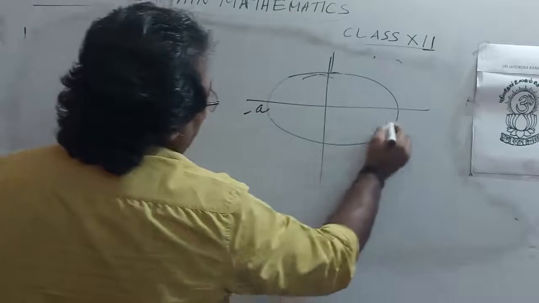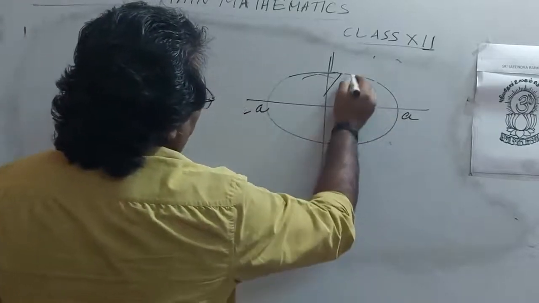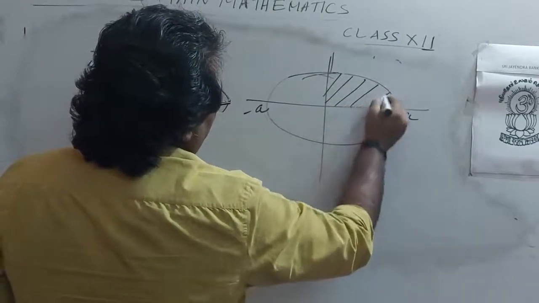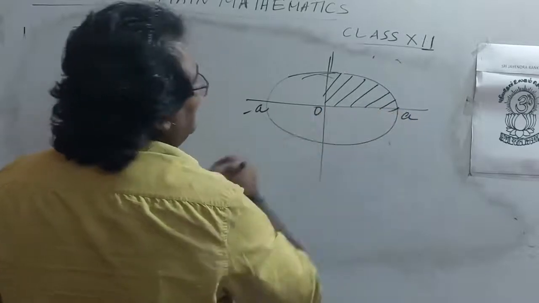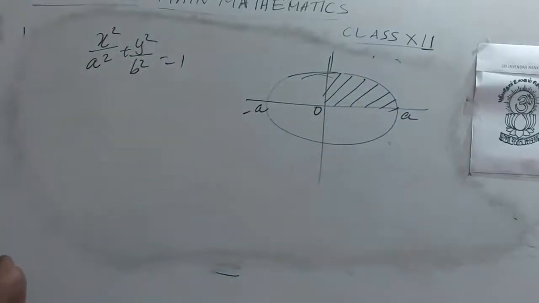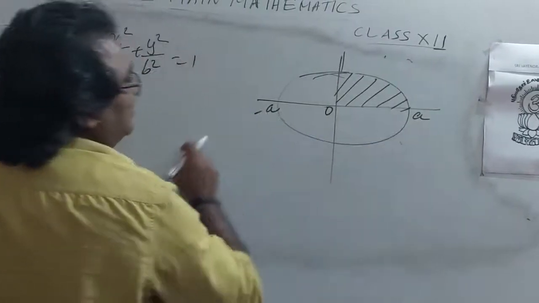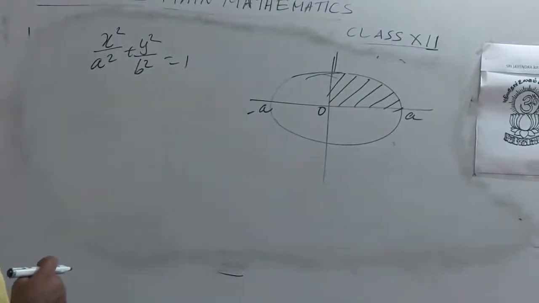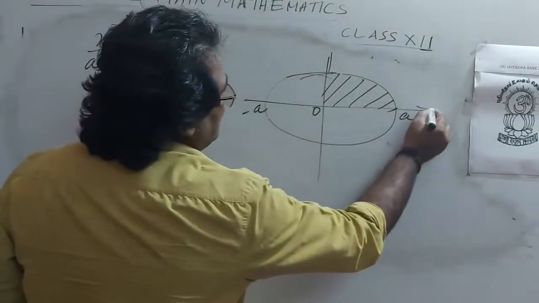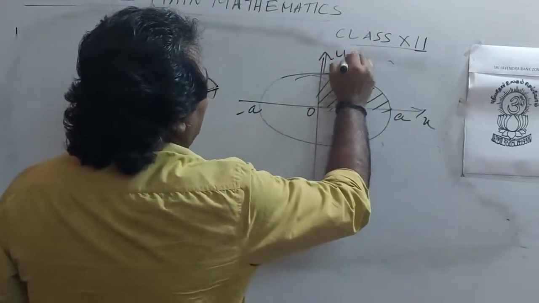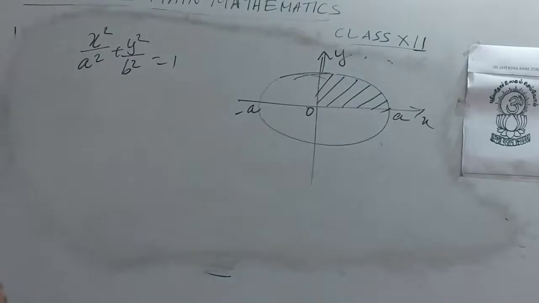Here the points are a and minus a, and the center is 0. So the ellipse intersects the major axis at the points a and minus a. This is the x-axis, this is the y-axis.